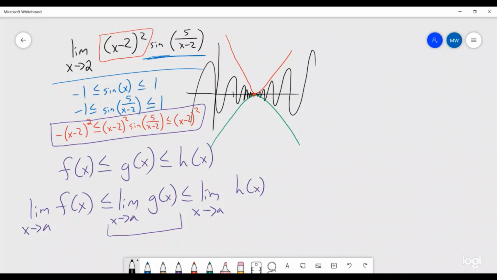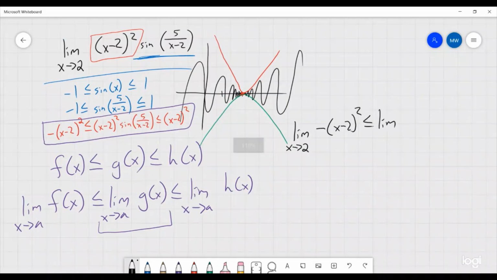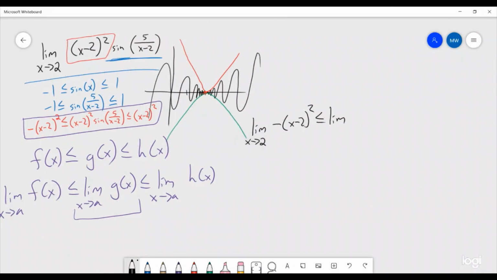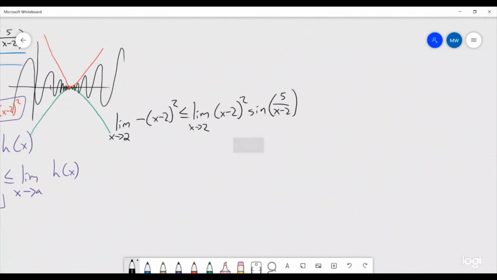So, using the squeeze theorem, the limit as x goes to 2 of negative (x minus 2) squared is less than or equal to the limit of (x minus 2) squared sine of 5 over (x minus 2) as x goes to 2, which is less than or equal to the limit as x goes to 2 of (x minus 2) squared.